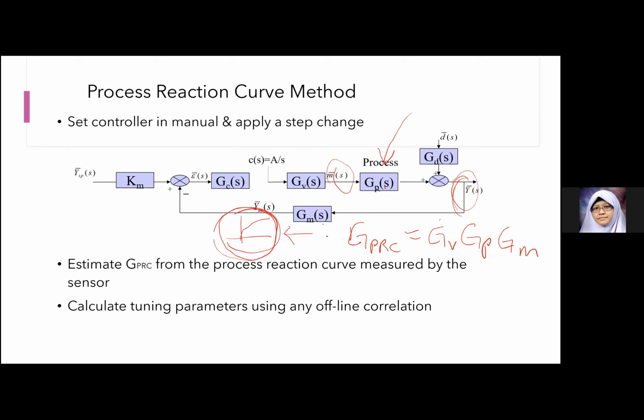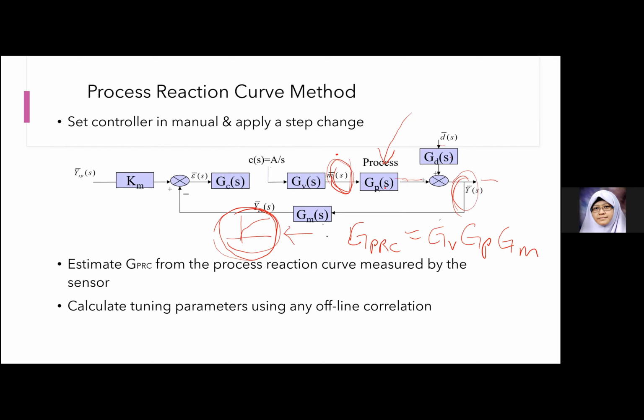Normally, to get exactly the GP, you have to make the step change in the manipulated variable and get what is the output. You can also make the step change in the disturbance and get what is the output.